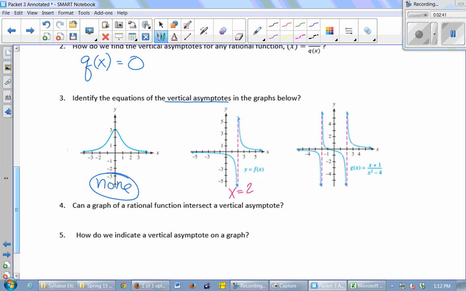X equals 2. A lot of you were trying to write a formula for the rational function and doing it correctly, but you just got to read the question. I just wanted an equation of the vertical asymptote. All right, and then this other one has two vertical asymptotes. This first one is at x equals -2, and the next one is at x equals 2.